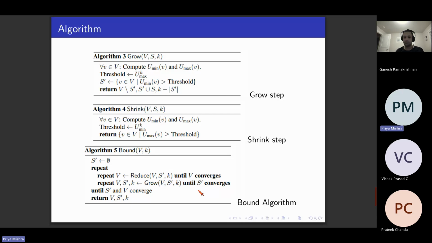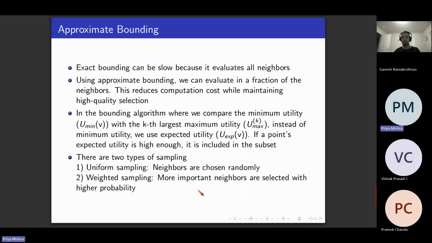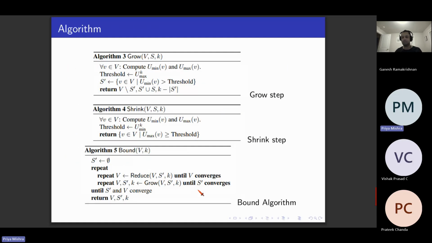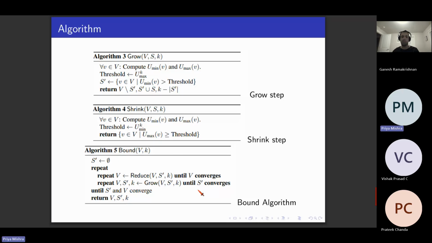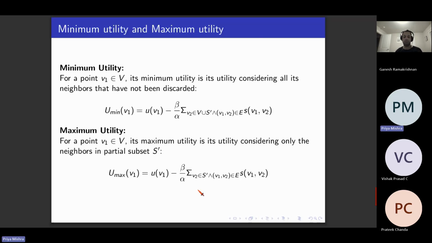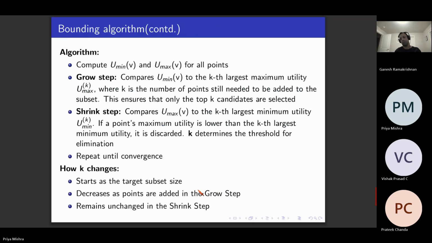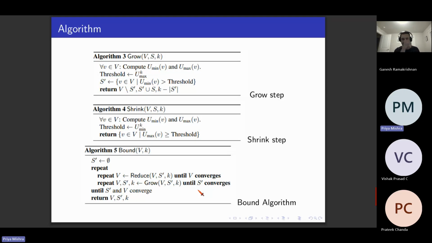These are the algorithms which I have just explained. Normally, while checking in the grow step, we compare on the right hand side of the negative sign, in the subset V union S dash, which might be too complex in terms of time.